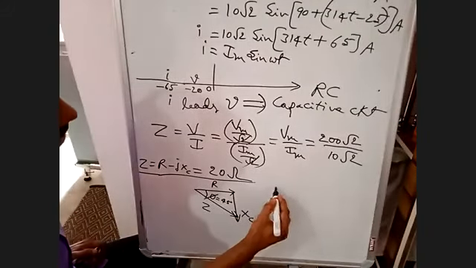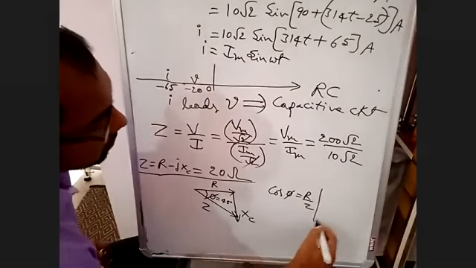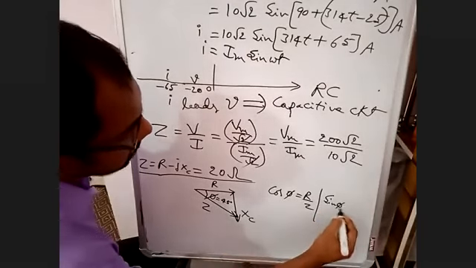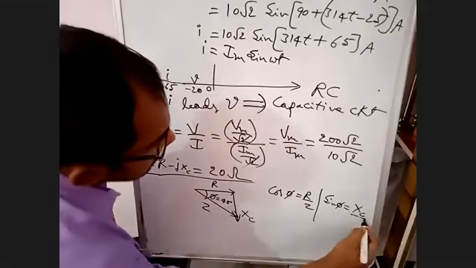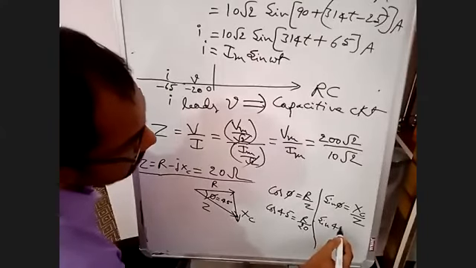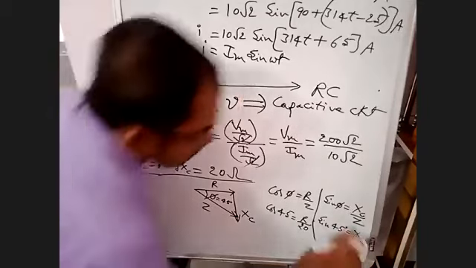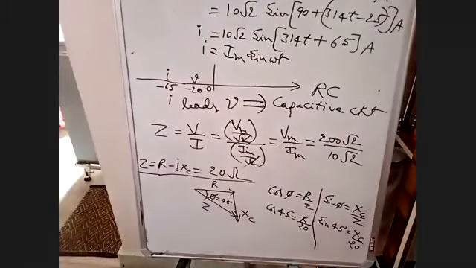Now, cos phi is equal to R by Z. Sin phi is equal to XC by Z. Cos 45 is equal to R by 20. Sin 45 is equal to XC by 20. Your Z is 20.